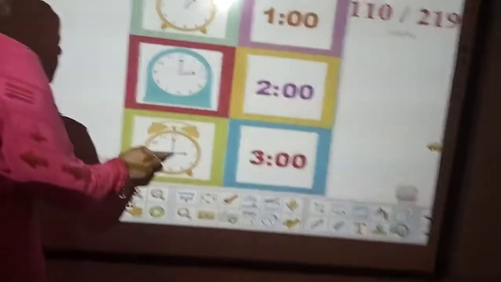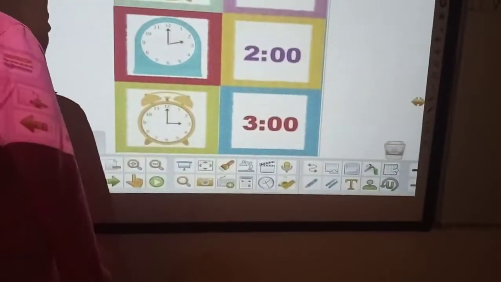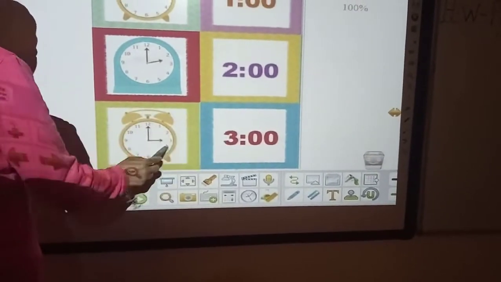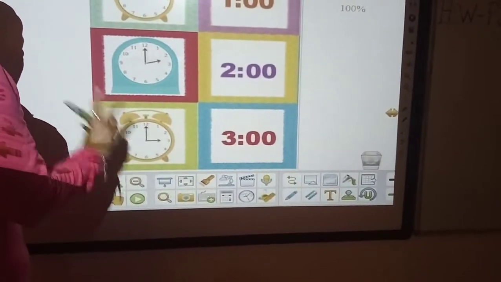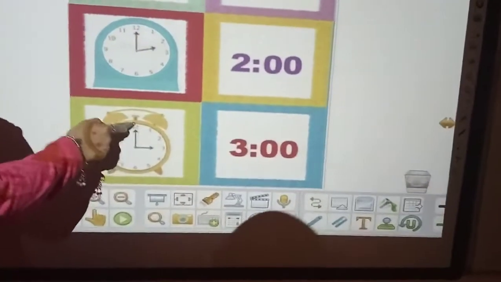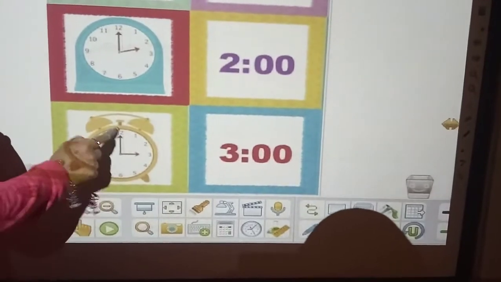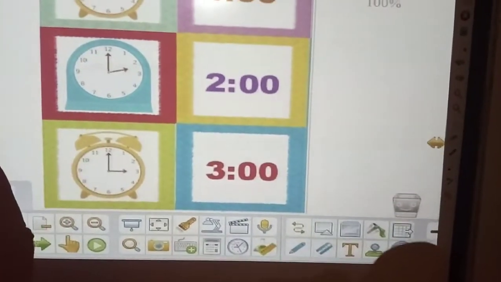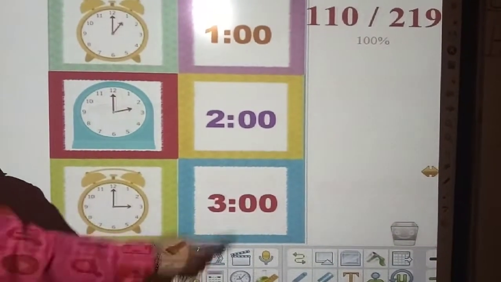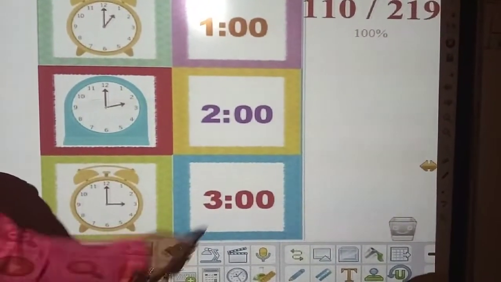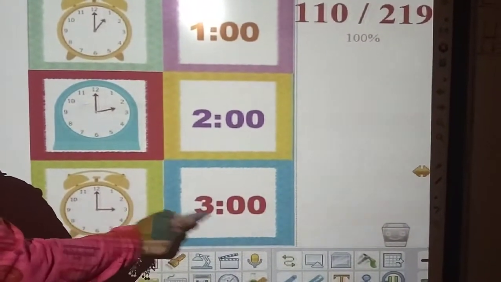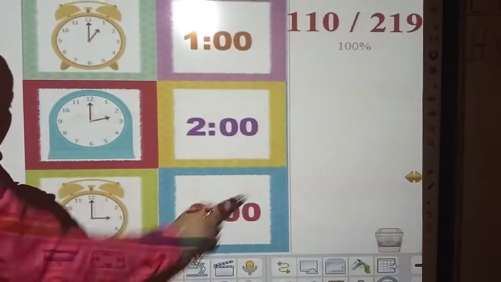Step number 1, I will see the short hand. It points to 3. Step number 2. I will look at the long hand. It points to 12. When the long hand points to 12, it means 3 o'clock. I will write it 3, 0, 0.